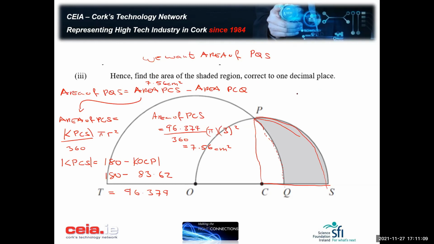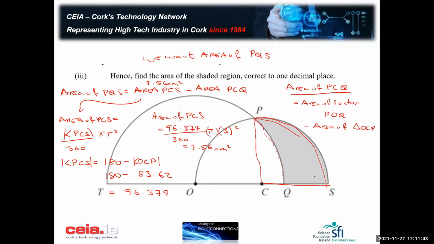Okay, so the area of PCQ equals the area of sector POQ minus the area of the triangle OCP.